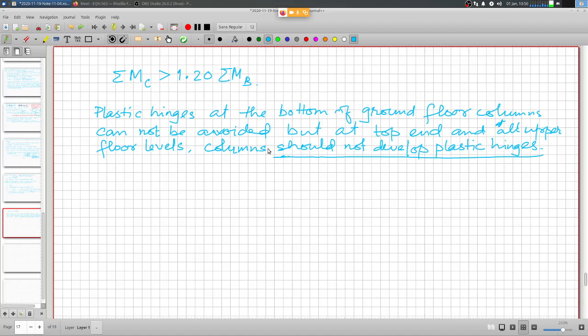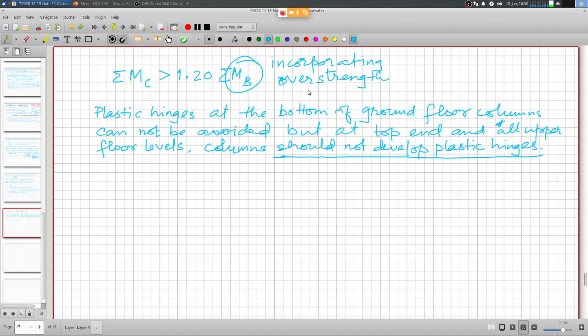We find the maximum moment, as I said, incorporating moment overstrength.